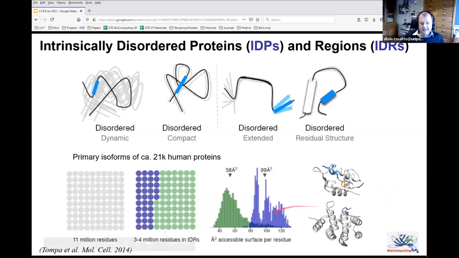So the general idea for the human proteome is that out of about 21,000 human proteins, encoding about 11 million residues, 3 to 4 million residues are intrinsically disordered. So it's a large fraction, it's over a third. And one of the key advantages for the intrinsically disordered binding regions in particular is that they offer more accessible surface per residue.